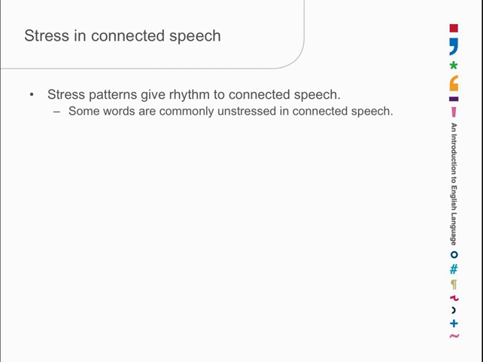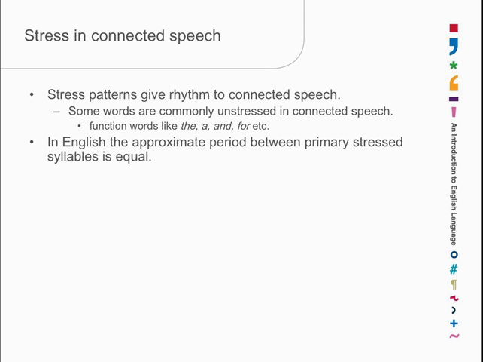Some words are commonly completely unstressed in connected speech. For example, the, and, and for. If we say them on their own, we say the, and, and for, and they all have one primary stress. But if we put them into a sentence, we frequently say th, n, and f. They get almost no stress at all.